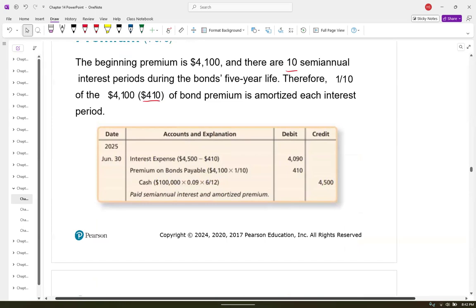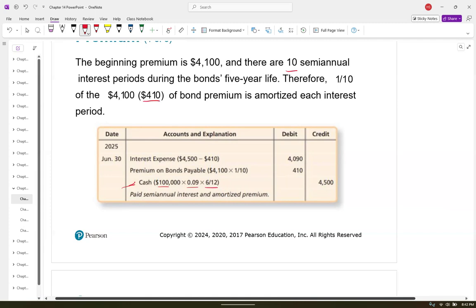Try to remember the things that are going to be the same no matter what the bond is. Notice how this cash was the exact same for all three of those. You can get cash right every single time because cash is always going to be the face multiplied times the stated interest, what's printed on the bond, and how often they pay their payments.